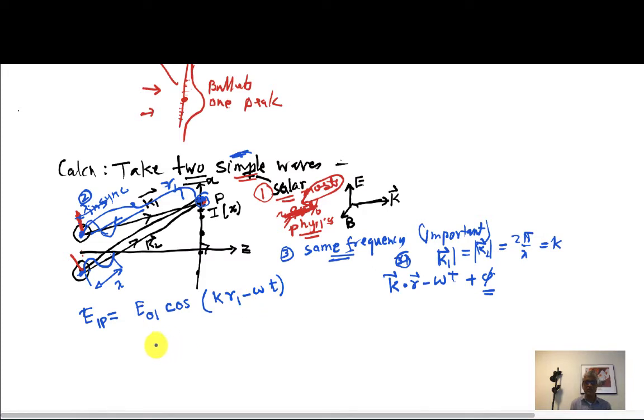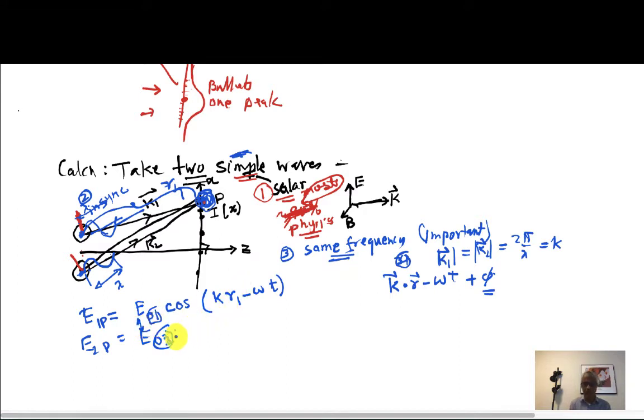for the first wave. For the second wave, at point P, we're looking at what happens when they get over there. E02. You might say, hey, why don't you just say that this is the same as that one? They're the same number, whatever the amplitude is.